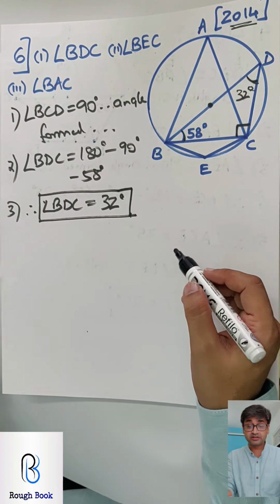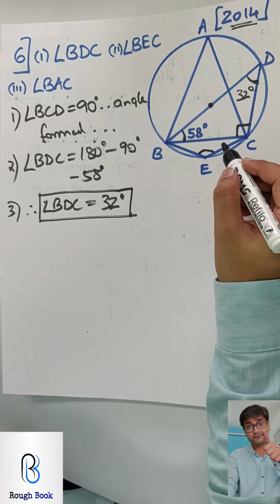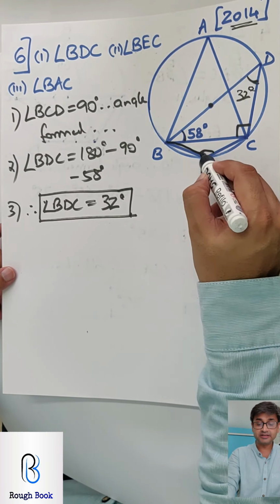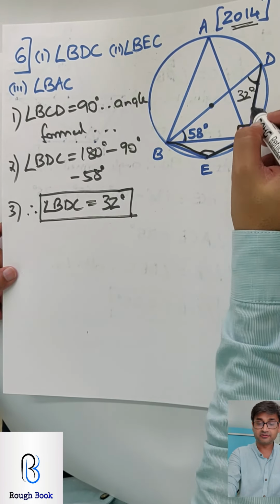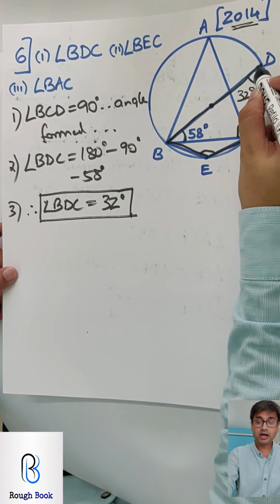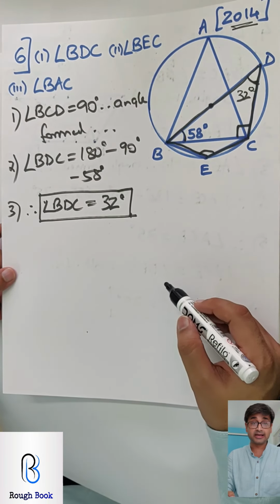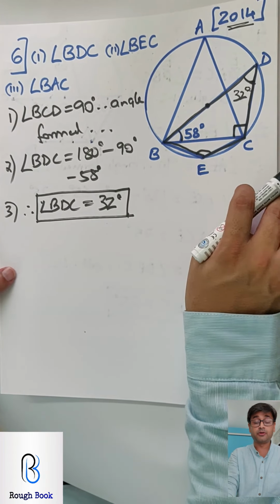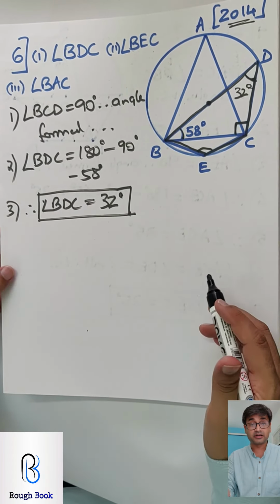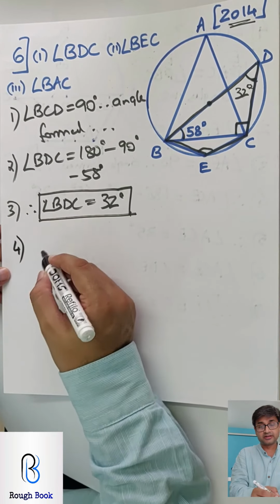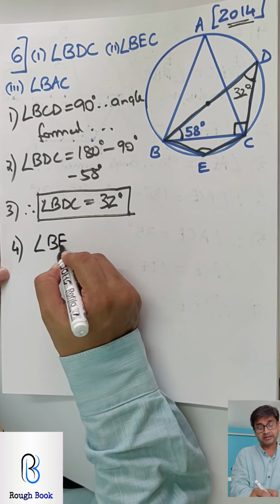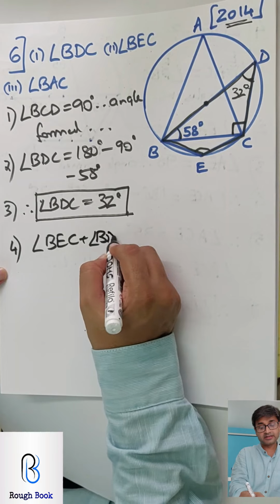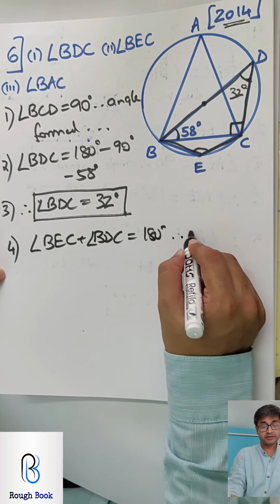Did you manage the second one, BEC, as well? Superb. BEC, I'm drawing this as a hint for you. See, absolutely, that's a cyclic quadrilateral. So if this is 32, you can get the opposite angle, because opposite angles of a cyclic quadrilateral are supplementary. So let's hit it. Angle BEC plus BDC is 180.